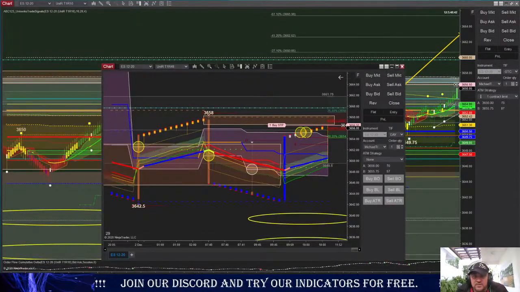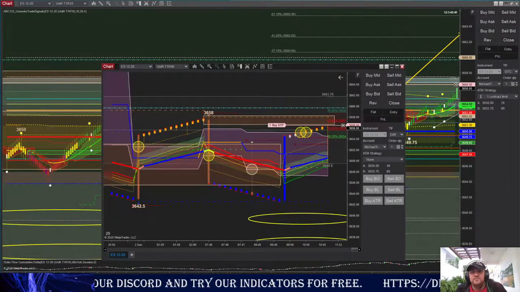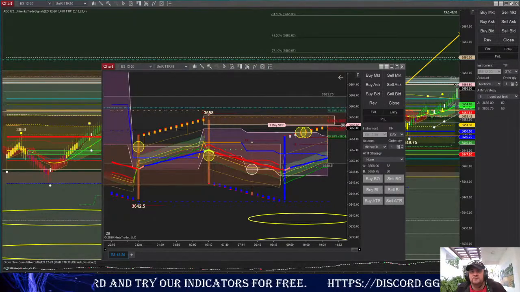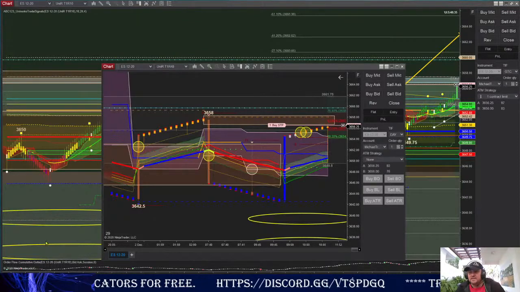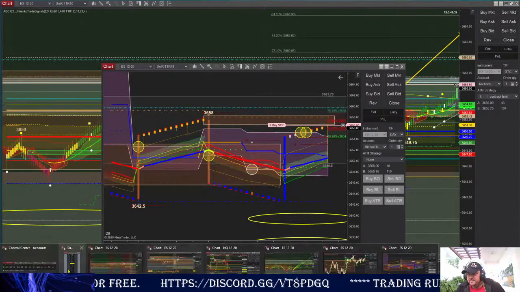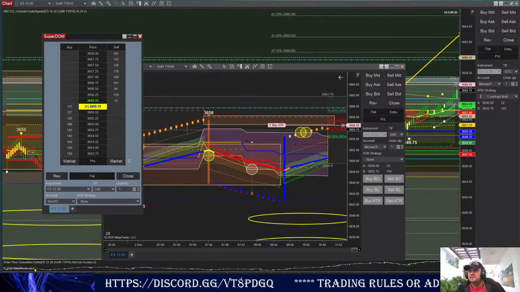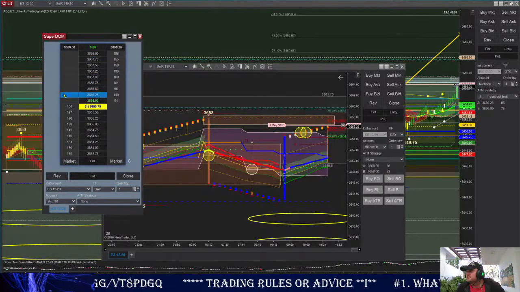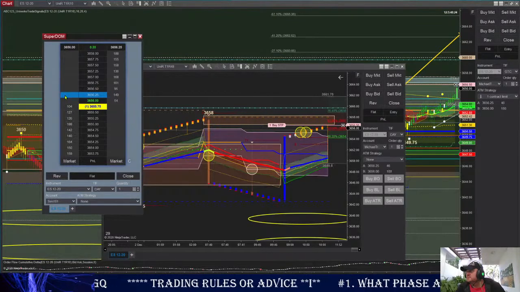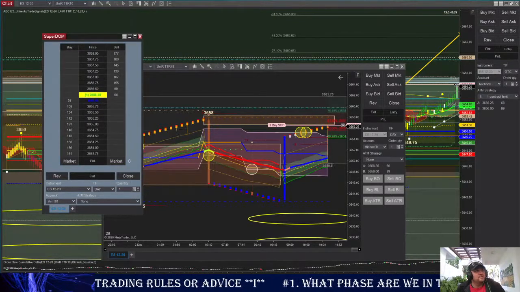Are you going to break through finally? If you do, and it works well, then maybe we can get to that 60 level. I'll take a look at this zone here to see if there's any support or resistance. So we'll be getting into a trade in one second here.